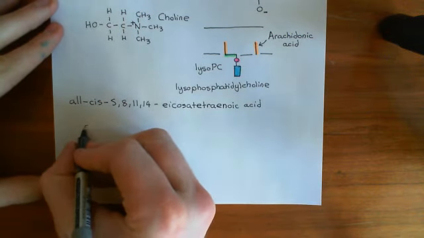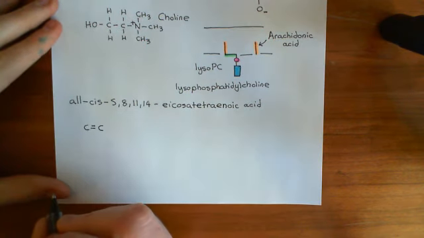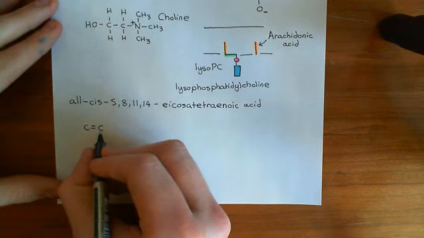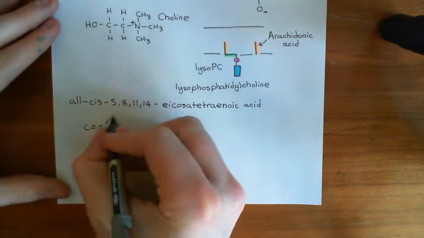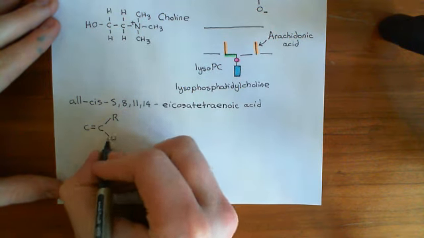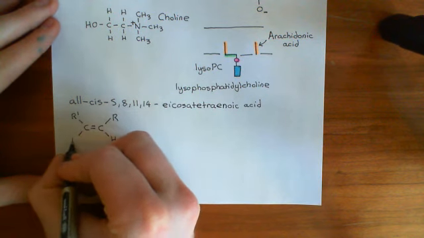So basically, if you have a double bond between 2 carbons, these 2 carbons will have 2 other groups coming off them. So for instance, this carbon might have an R group here and a hydrogen coming off, and this carbon might have an R prime group coming off and a hydrogen coming off.